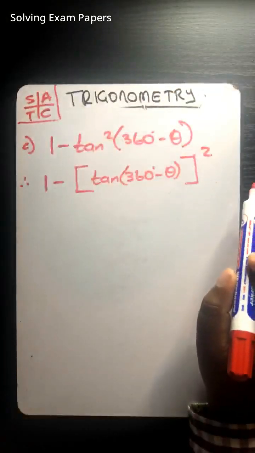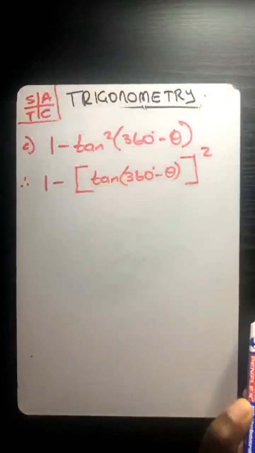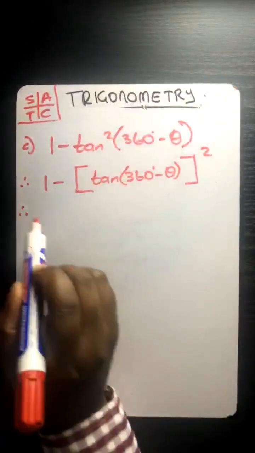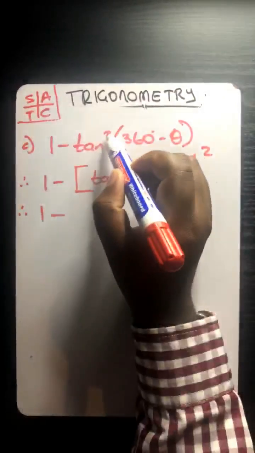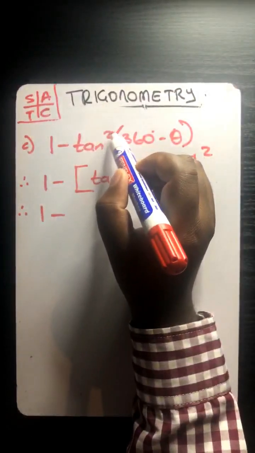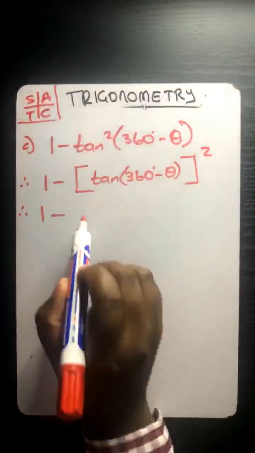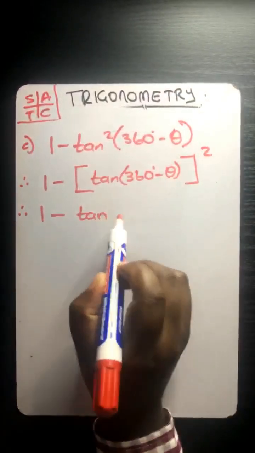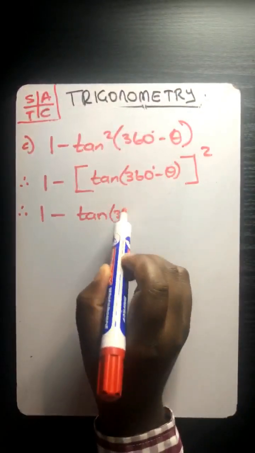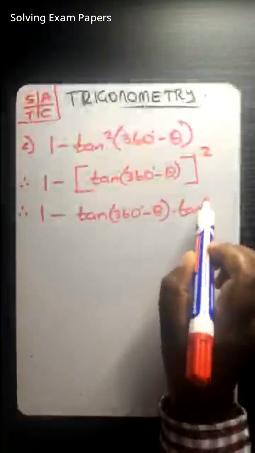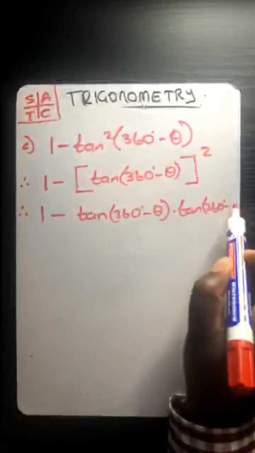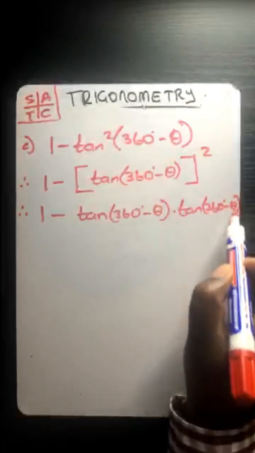Someone can say, I can do it differently, or I can write it differently. So someone can still say, since I know squared means 2 of the same thing, that means it's actually tan of 360 degrees minus an angle multiplying tan of 360 degrees minus an angle.